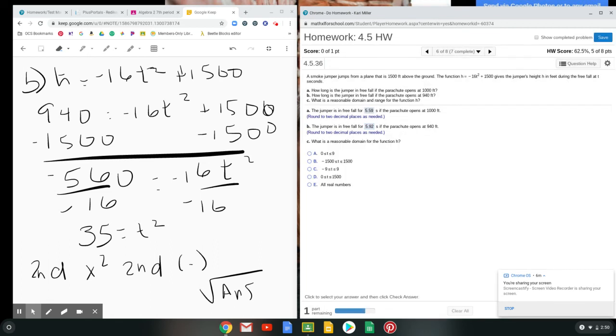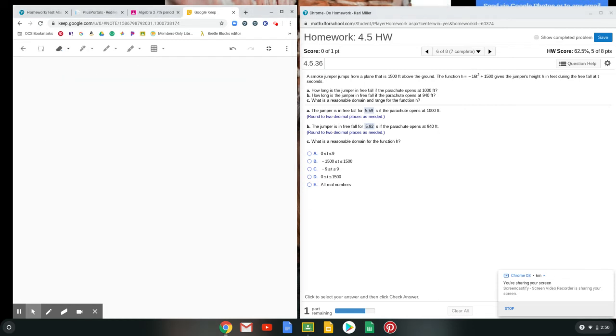All right, the next one, it says part C. What is the reasonable domain for the function? I'm going to tell you on every one of these, it's going to be the one that says 0 is less than or equal to t is less than or equal to, and you want the smallest number. So this one's 9.